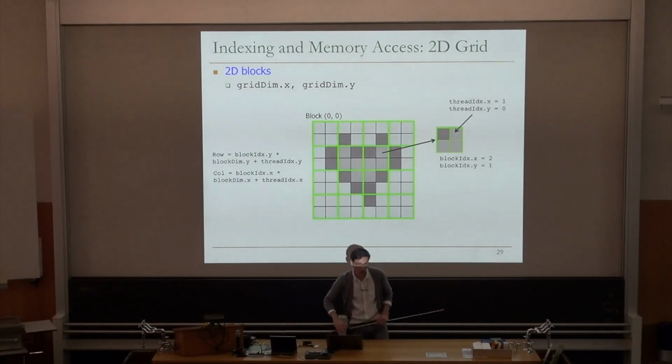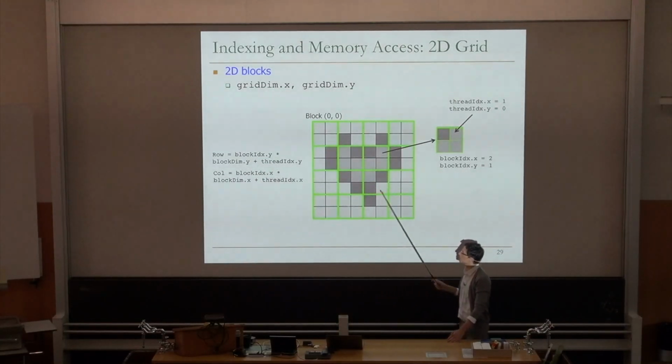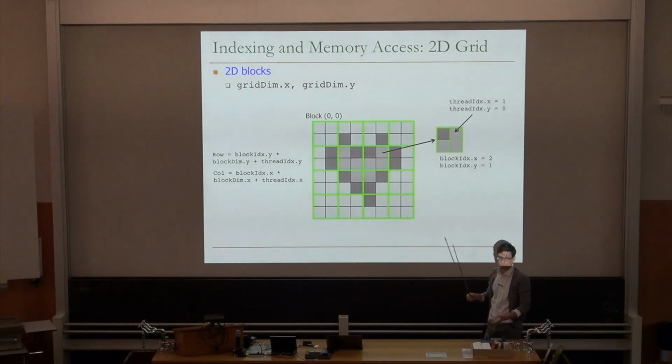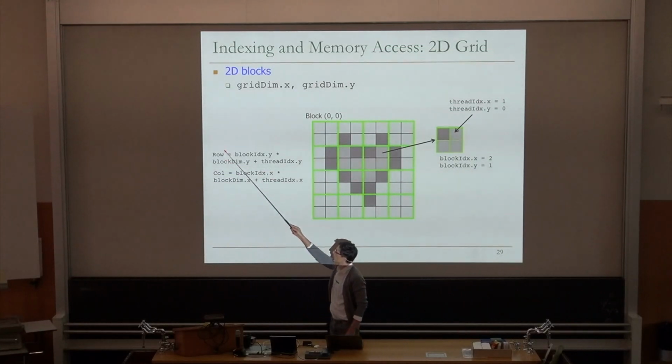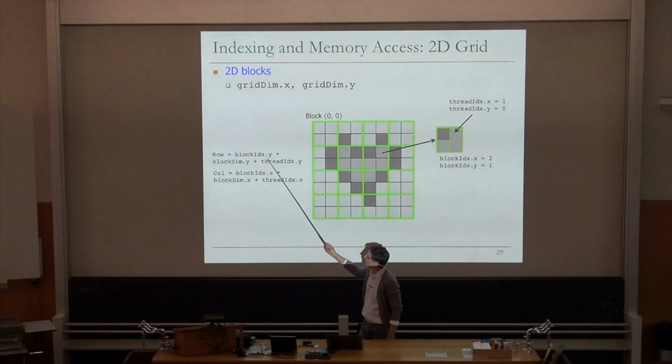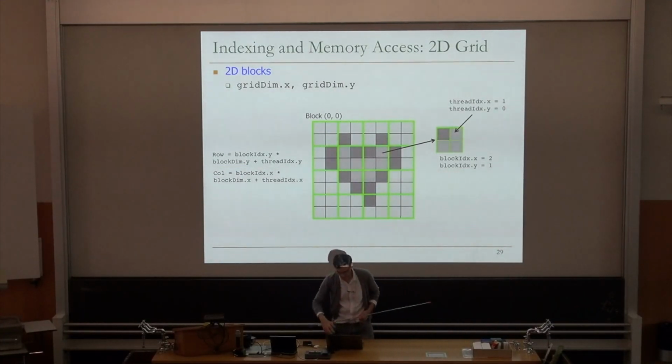So now the way that we access the image pixels, if we are using two-dimensional blocks, is calculating the row and calculating the column using the indices in the y direction and the indices in the x direction.